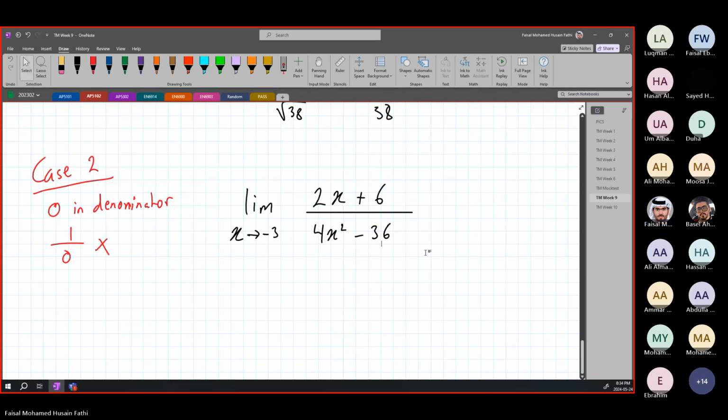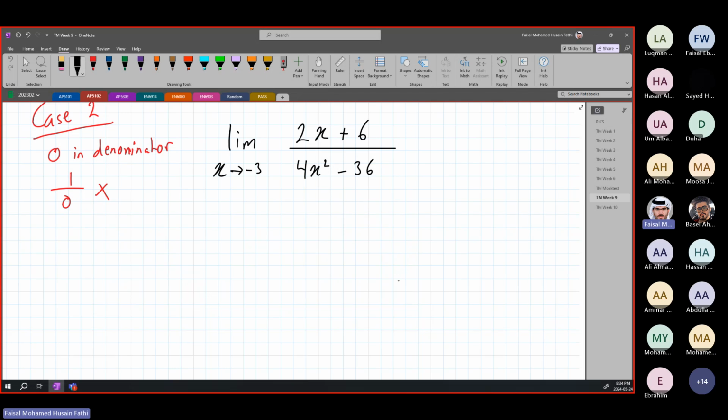Now, if we wanted to plug in the -3, we see 2 into -3 plus 6 over 4 into -3 squared minus 36.